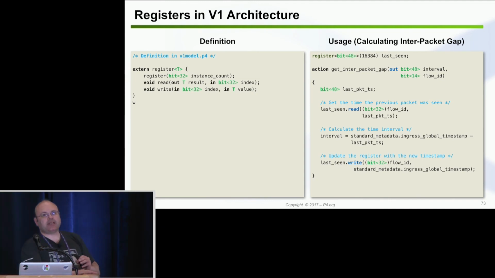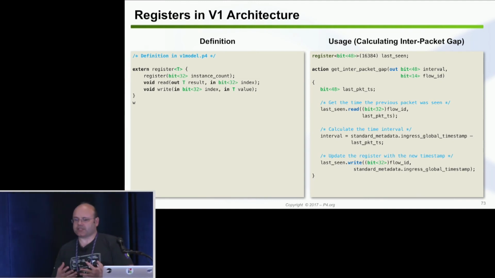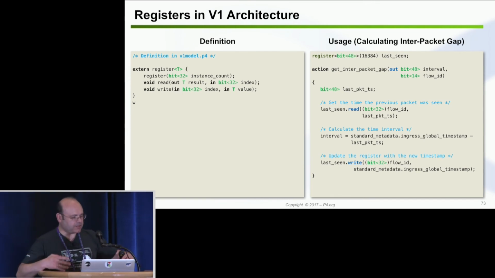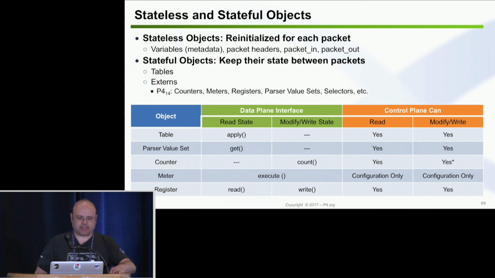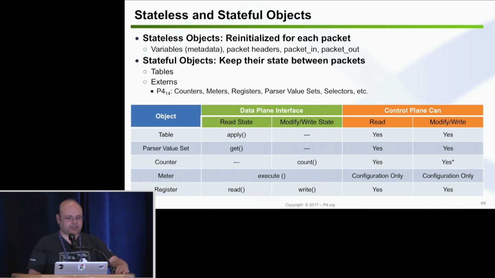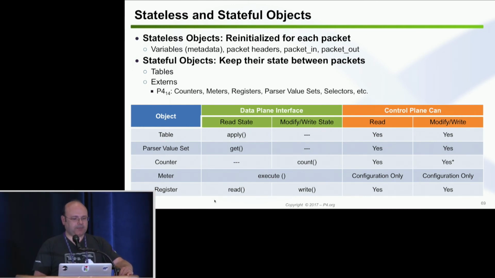So we can use this action and then get the interval out and do something else in the outer control. The question is, can the control plane access registers? The answer is yes. If you look at the table I had on slide 69, you could see that for the registers, I said in the data plane we can read and write them, and the control plane has full access, right?